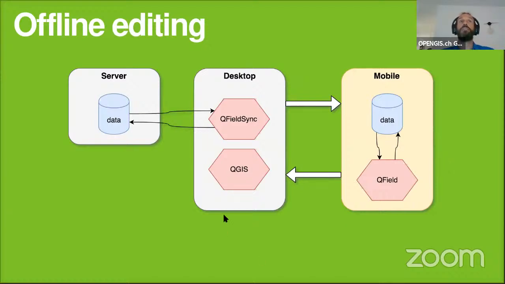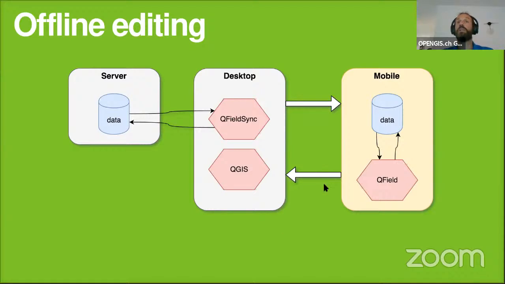Then offline editing: you have a Postgres server in QGIS with QField Sync. You create a dump of the server or maybe a dump of a certain area, and then you move that data to your mobile device. You work on it from the mobile device, and when you want, you synchronize it back using QField Sync again. This is a complete offline editing process. You can do it wherever you want. You don't need any connectivity at all.